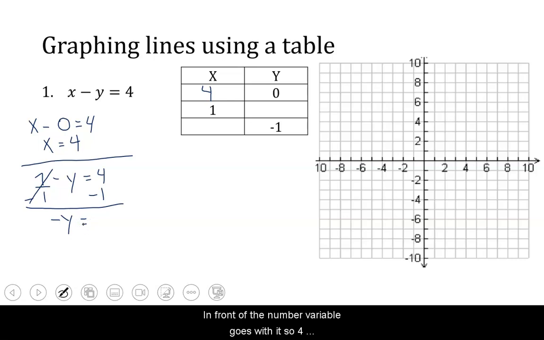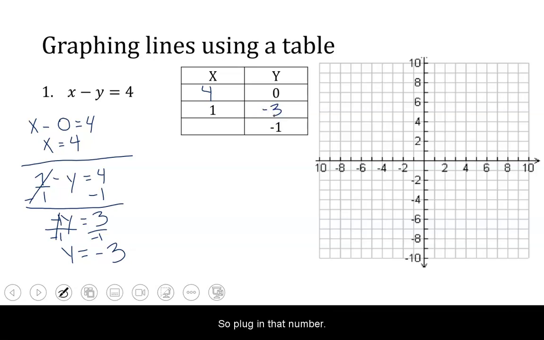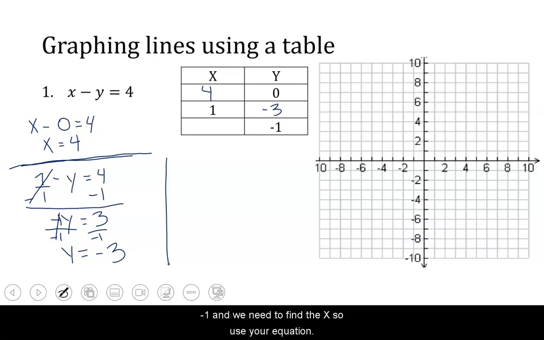So 4 minus 1 is positive 3, but y is still not by itself. So divide -1 on both sides, y equals -3. So plug in that number into our table.